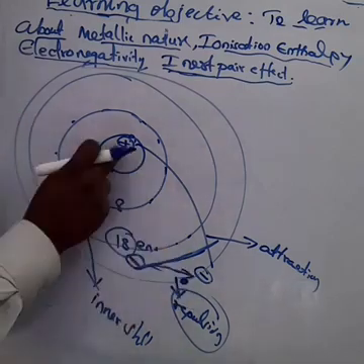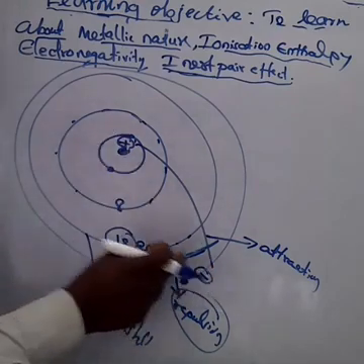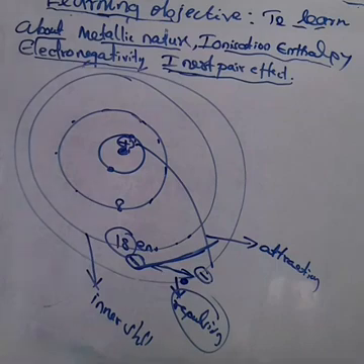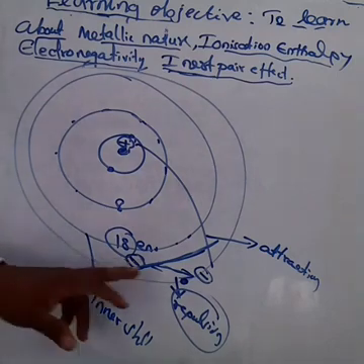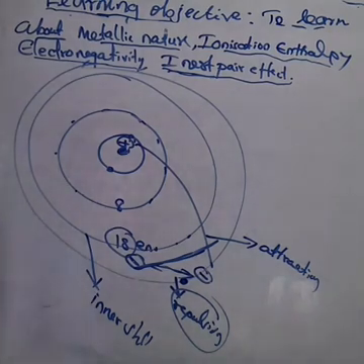Repulsion means, because the electron has negative charge, the outermost shell has electrons and the inner shell also has electrons. These two electrons are repelling. That effect we call shielding, otherwise we can say screening effect.